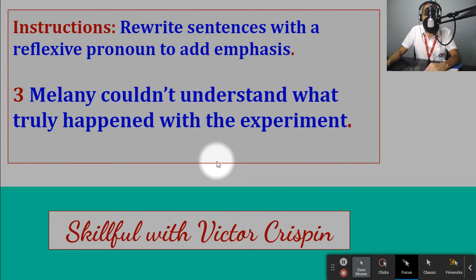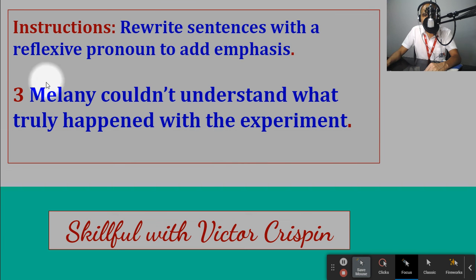This time we're going to do it together. That means that I'm going to give you some time in order to think about the possible correct answer. First of all, let's read the sentence. Here it says, Melanie couldn't understand what truly happened with the experiment. What reflexive pronoun do you think we need in order to add emphasis to this sentence?